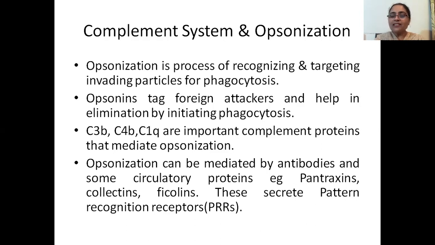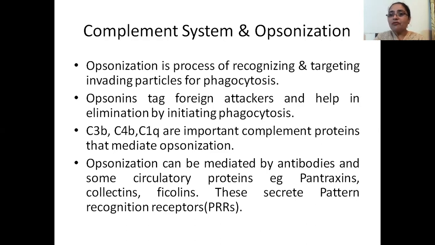A point to remember, while we are talking of the complement system, is that opsonization can be mediated by complement proteins, as we have studied, and also by antibodies and some circulatory proteins like pentraxins, collectins and ficolins. These three circulating proteins are the ones which can secrete pattern recognition receptors. I talked about pattern recognition receptors in my lecture on corona and omicron.